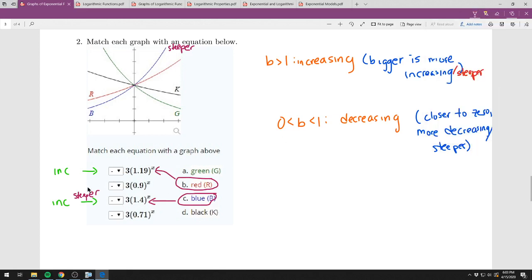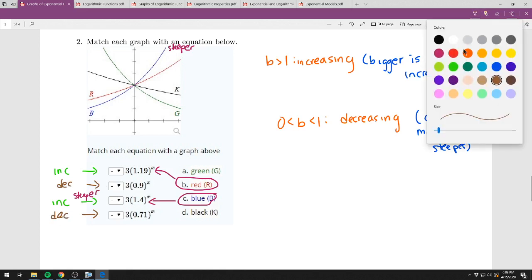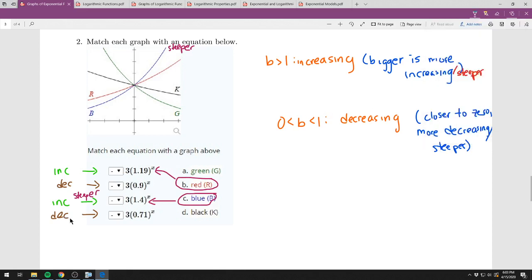Right, the other two choices have a base of 0.9 and 0.71. They're both between 0 and 1. Those are both decreasing. And the one that's further away from 1, or closer to 0, is the steeper one. 0.71 is further away from 1, or closer to 0, than 0.9. So this one is the steeper one. It's steeper and decreasing. So if you look at the two choices here, the black line labeled K and the green line labeled G are the two decreasing ones, and the green one is definitely more steep.